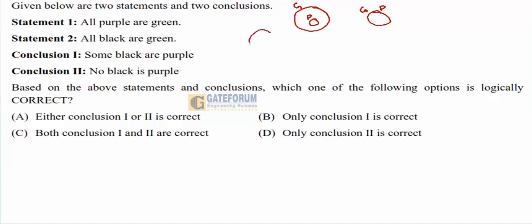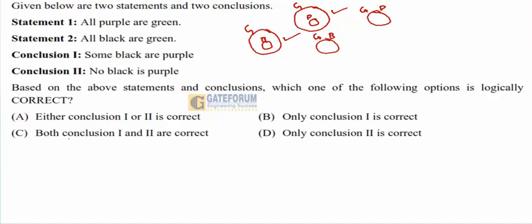So all black are green would be like this, or else like this. Now if we need both these statements together, we need to combine both of them. So let us select the most effective of them all, which is these two.